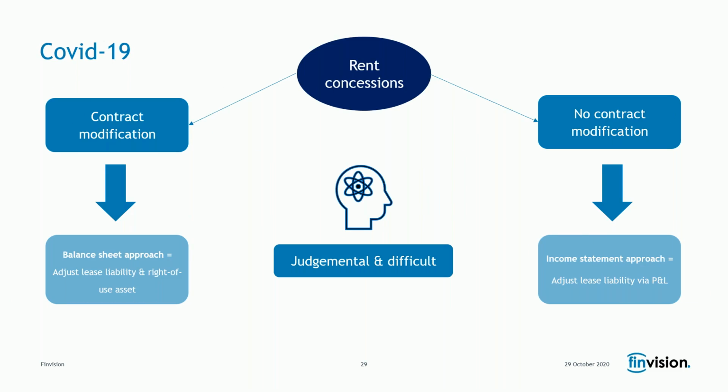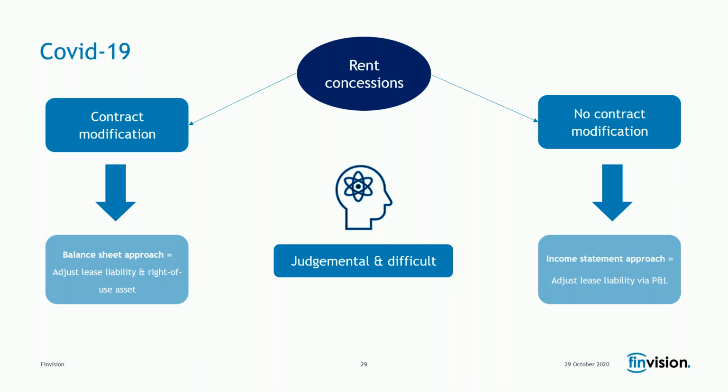If you have a rent concession, then you can ask the question whether or not you have a contract modification. Now, thanks to Sam, we all know now what a contract modification is. And we know that in case you have a contract modification, you should apply a balance sheet approach where you adjust the lease liability and the right-of-use asset.